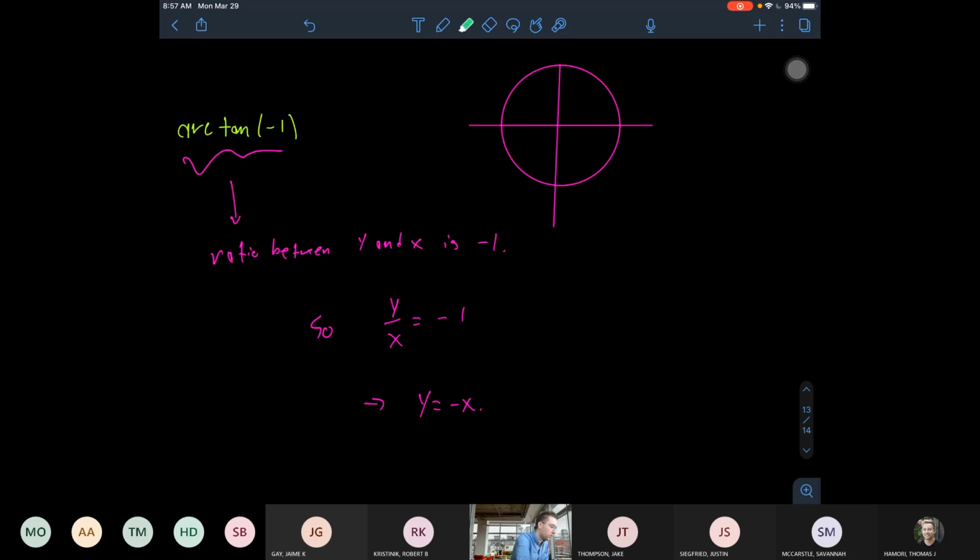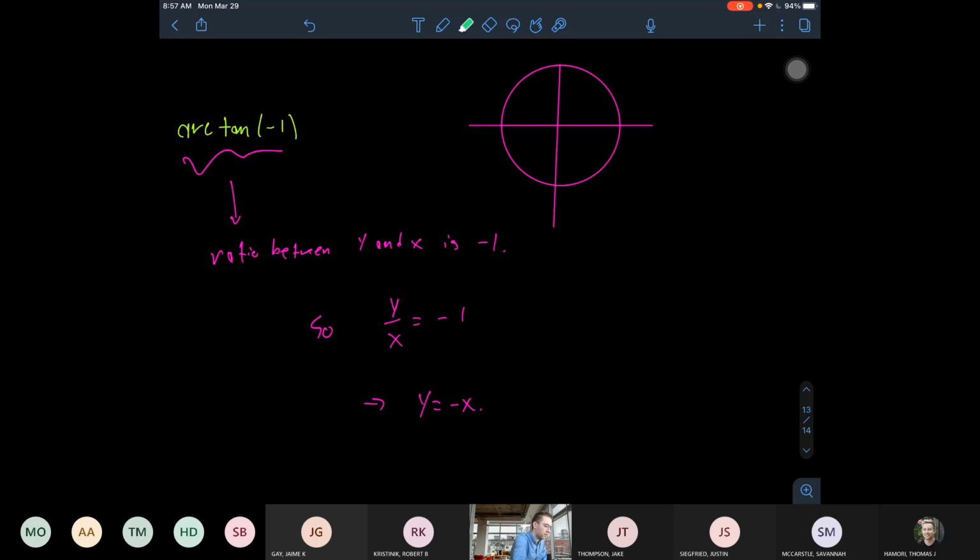Okay, we know we should be working on the right half of the unit circle. So x should be a positive number. Okay, and then y is going to be a negative number, which means we're going to be really in quadrant 4 here. Okay, so what am I going to do?